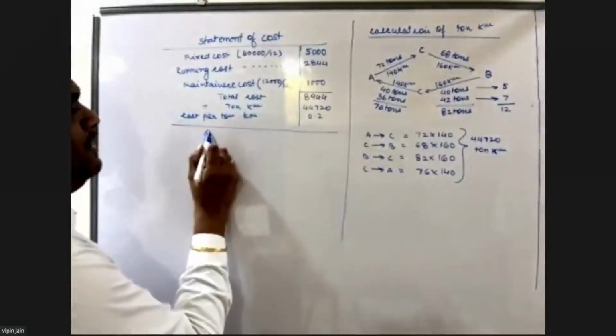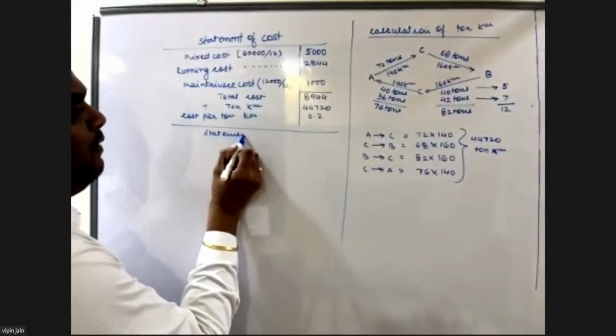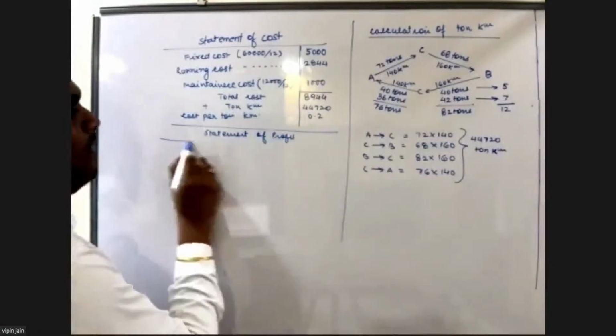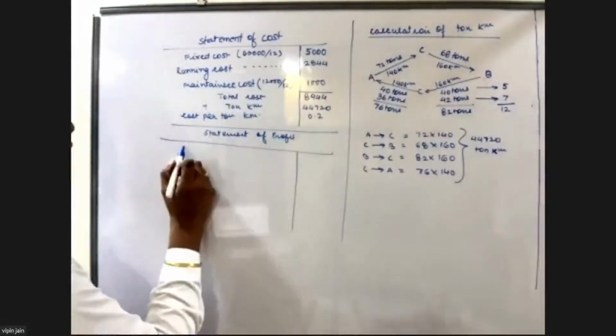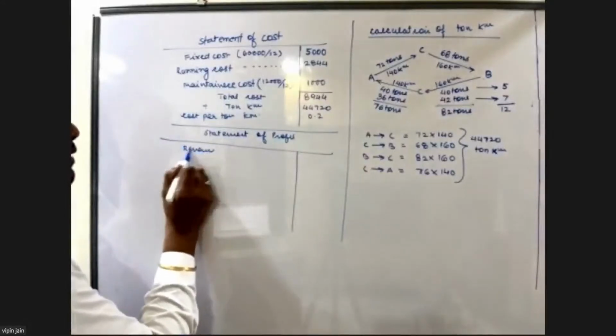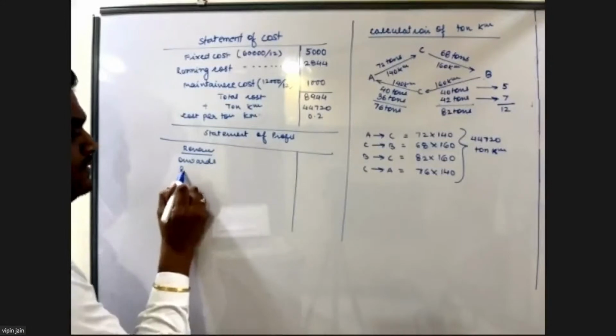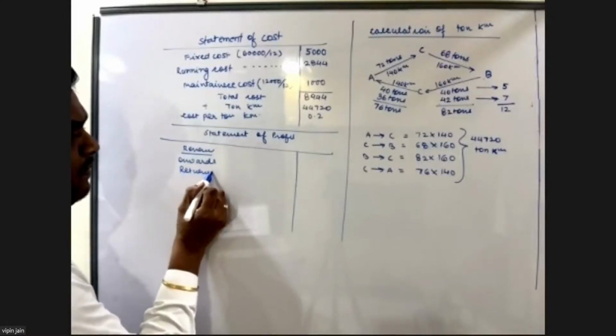When talking about the statement of profit, the revenue part, onwards and return journey.